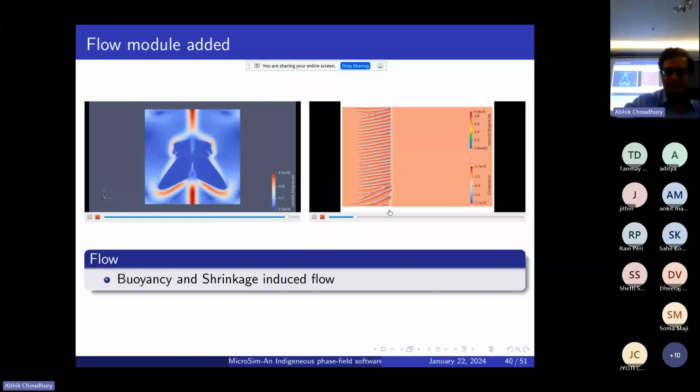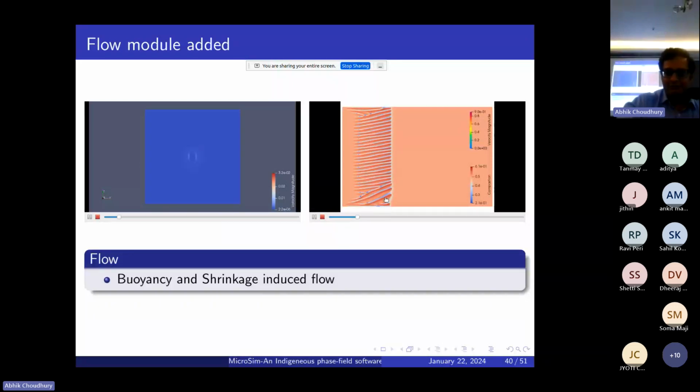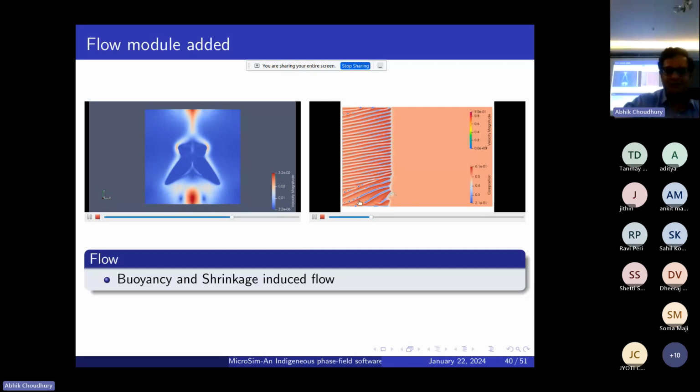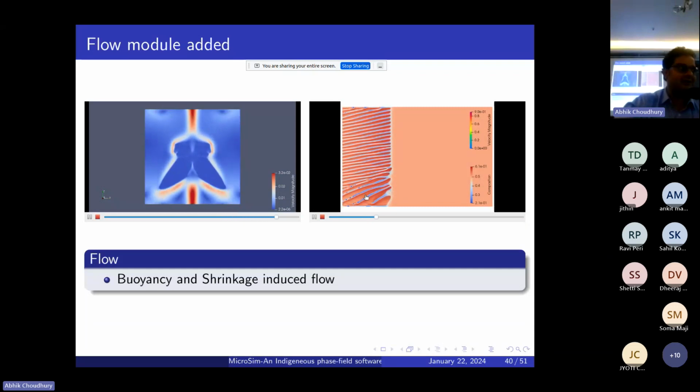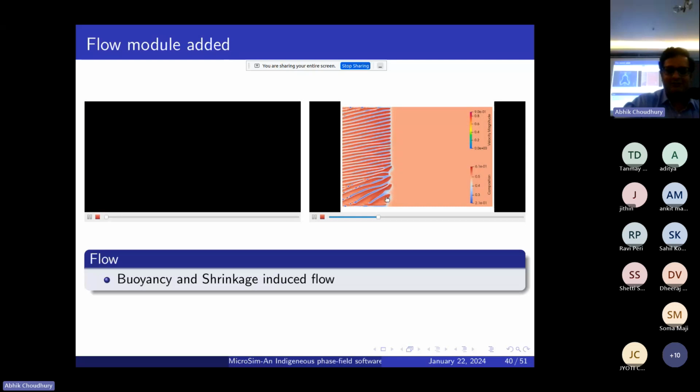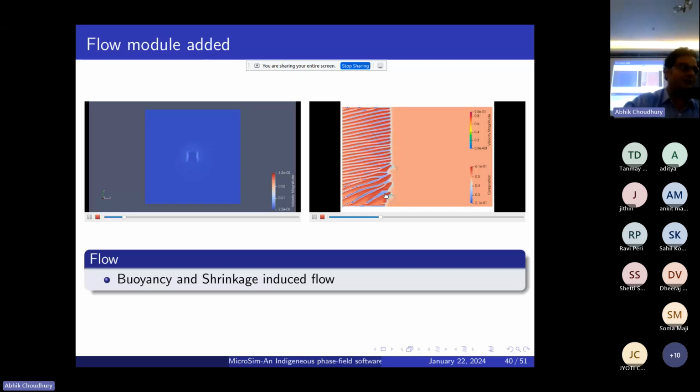So this is what is happening over here. But as you are evolving into a cellular to dendritic transition, because of these regions over here where the composition segregation happens, and because buoyancy is related to the segregation, you will have a situation where there is a variability in the density of the material. And because of the variability of the density of the material, you will have flow.